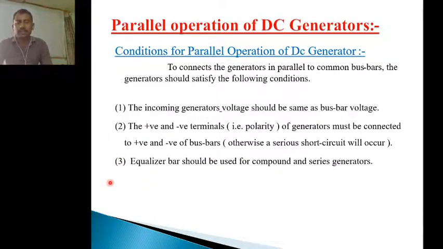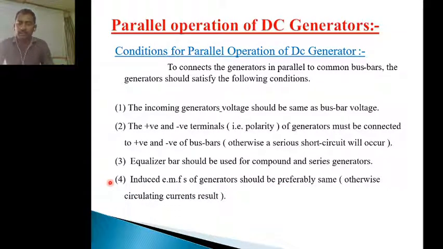Similarly, the equalizing bars should be maintained for compound and series generators. And coming to the fourth point, the individual EMFs of the generators should preferably be the same. So we have to follow these conditions for making the parallel operation of the DC generator.